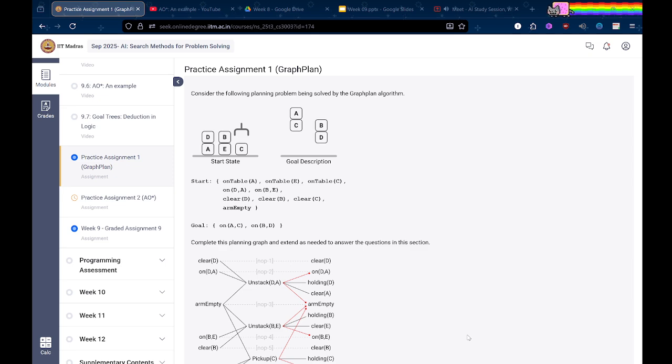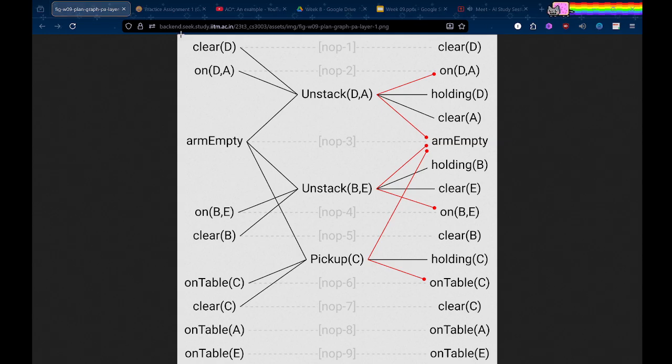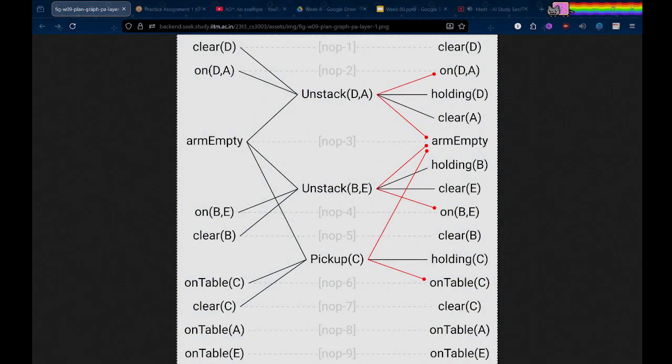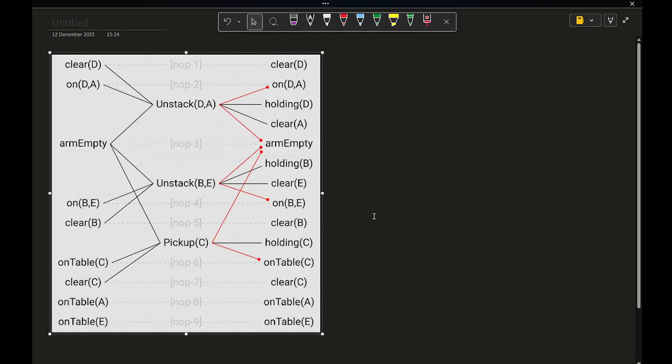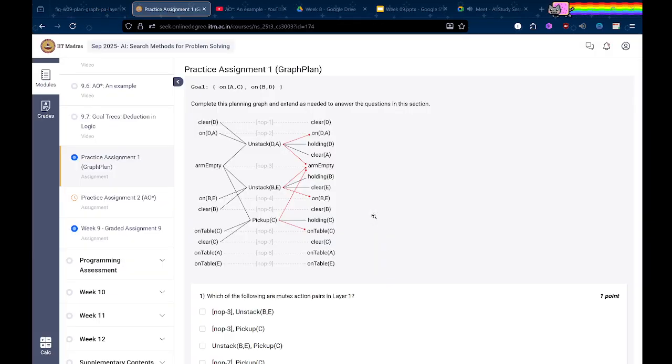So this is the question that's given. What do we call this again? I forgot. This is just a graph plan layer, right?